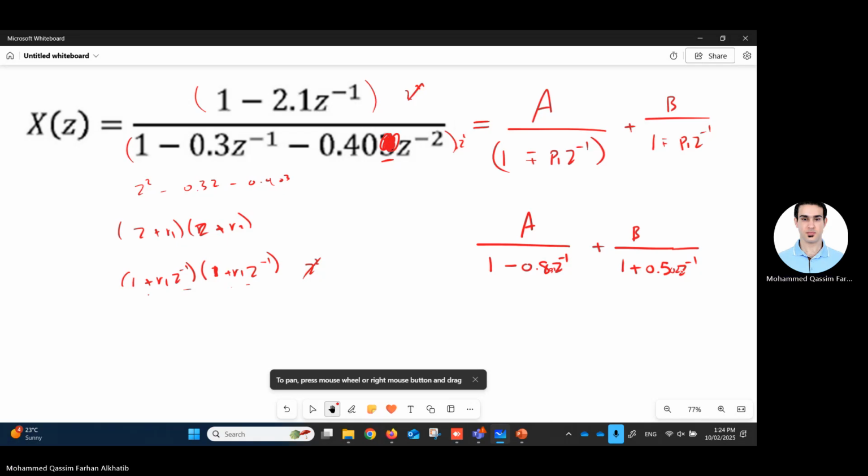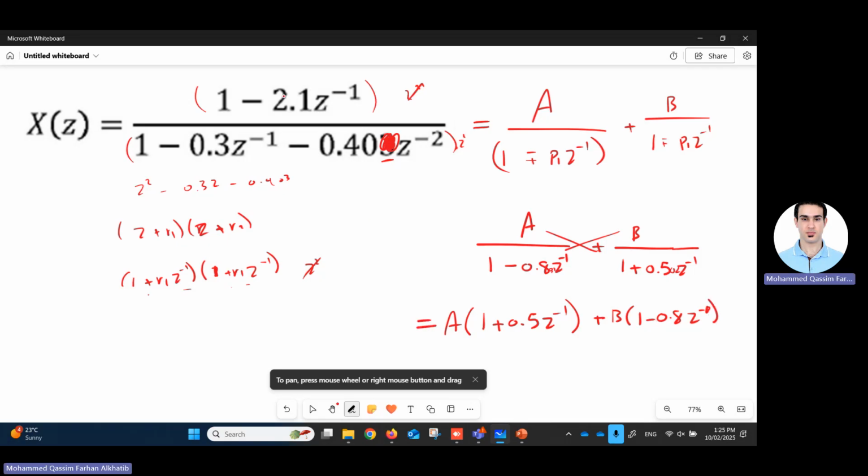All right, so cross multiply. You will get A (1 plus 0.5 z negative 1) plus B (1 minus 0.8 z negative 1).